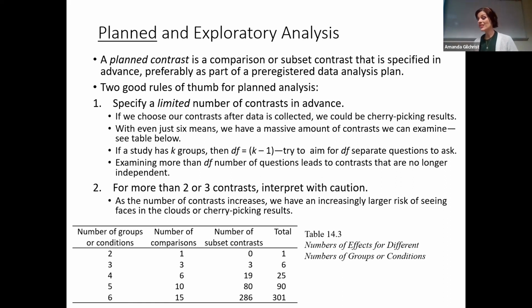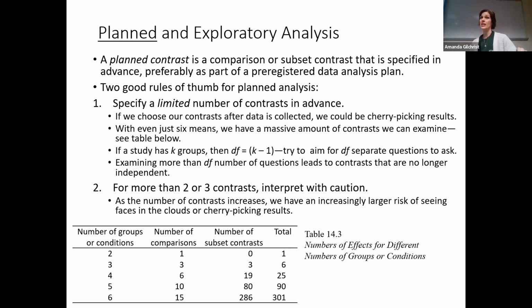And one of the other things that I'll mention, the more comparisons or the more contrasts that you do, the greater likelihood there is that you get a false alarm. If a study has K groups, try to aim for K-1 comparisons and no more than that. So if you have 3 groups, only choose 2 comparisons.